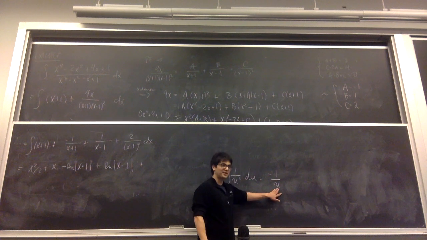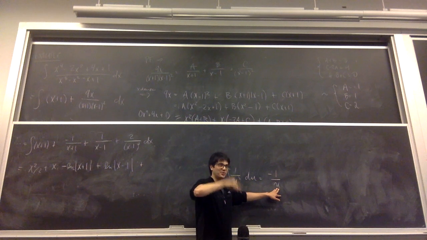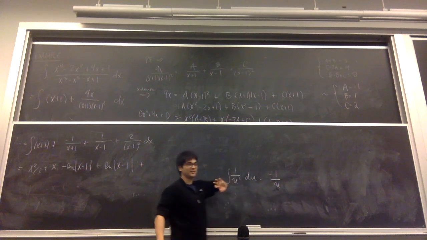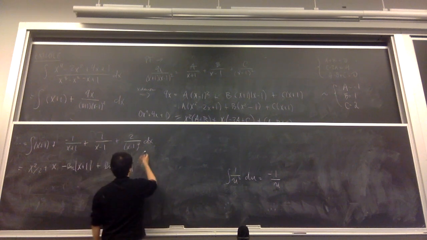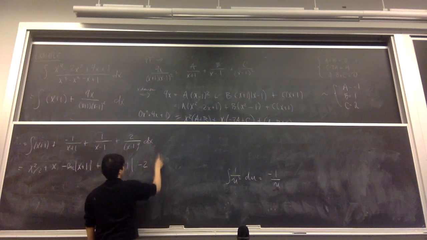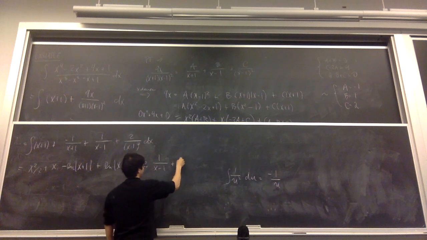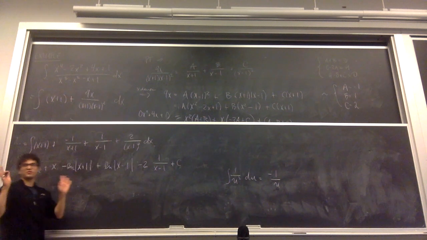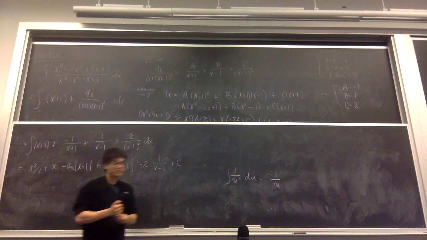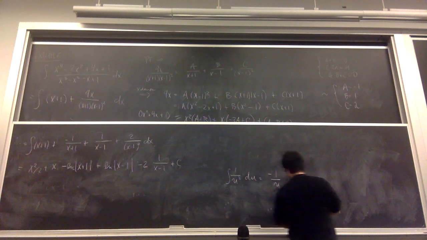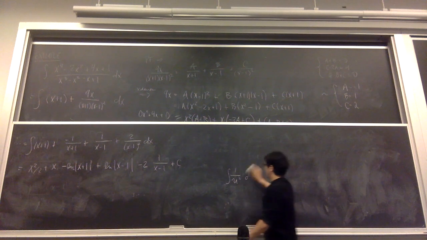This is a u to the minus 1. You take the derivative of that, you get minus u to the minus 2, and then that cancels out. So the point is, this guy here integrates to minus 2 over x minus 1. So don't use ln just because you see stuff in the denominator. That's only true if it's linear or if you produce the correct chain.